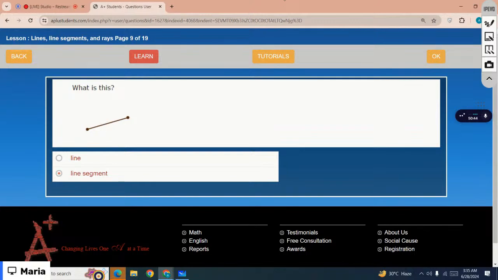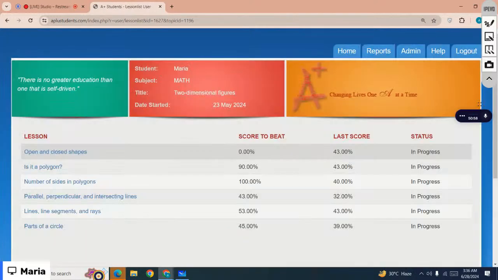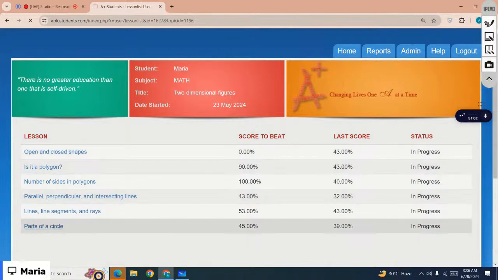Line segment it is, right? Okay, you can complete the lesson by yourself today. Let me just move on to the next lesson. The next lesson is parts of a circle. Let's just start with the next lesson.